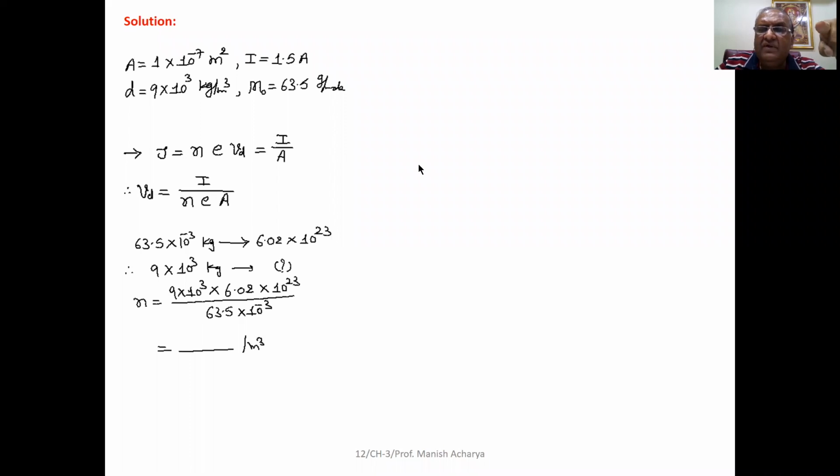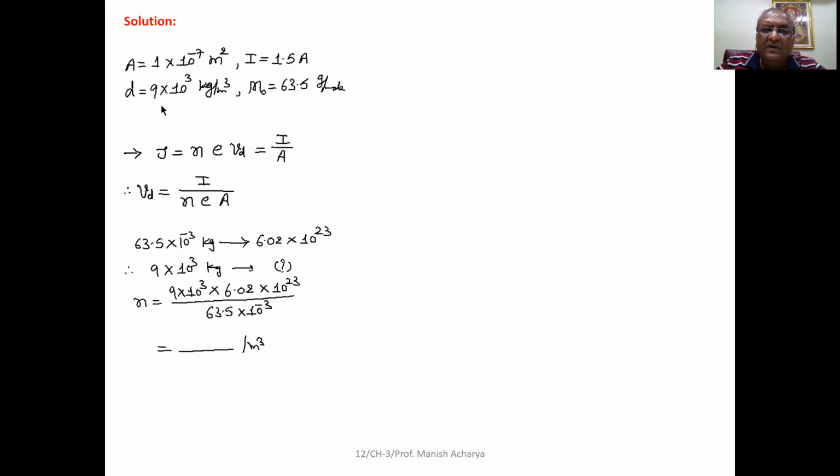Per atom, one electron is contributed. So the mass equal to its atomic weight, 63.5 × 10^-3 kilogram, contains the number of electrons 6.02 × 10^23.